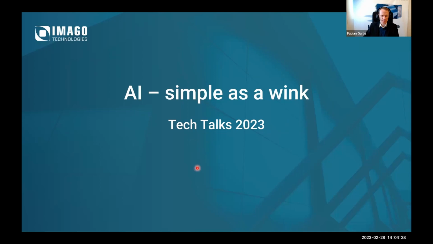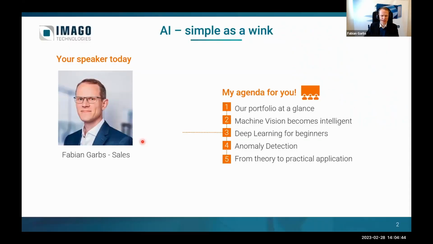And to show you what we present to you today, I have a small agenda for you. So in the beginning, just a short portfolio to see what our company is doing. Then we dive into what is machine vision, and that machine vision becomes intelligent, followed by deep learning for beginners.